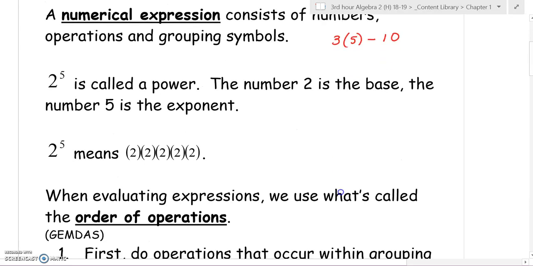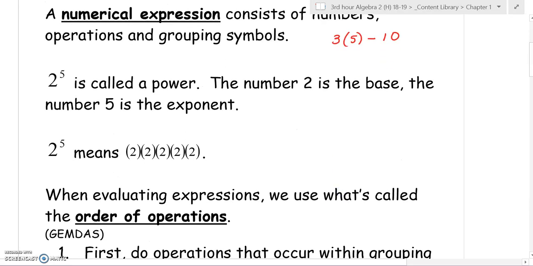Another thing that we need to know about is something called a power. It's something that we're going to be talking about a lot this year, so it's very important that I know that 2 to the 5th is called a power. The number 2 is called the base, and the little number 5 is called the exponent.